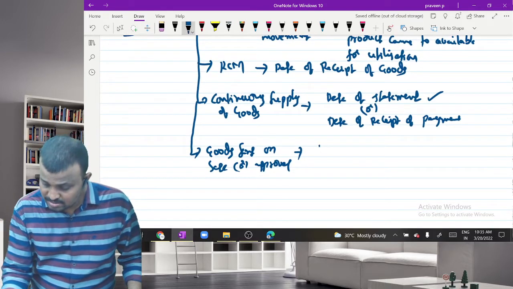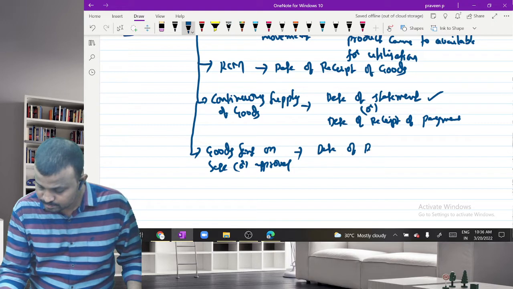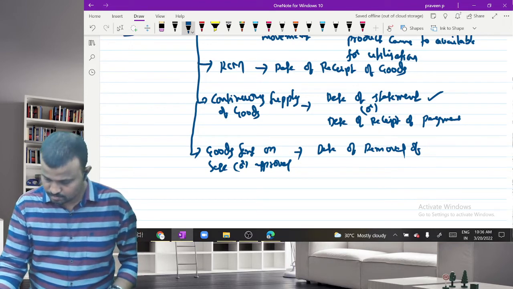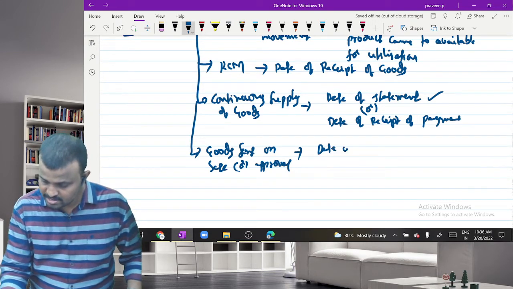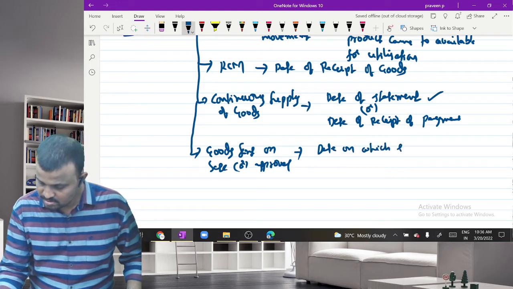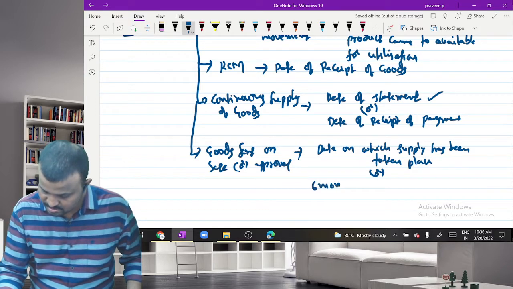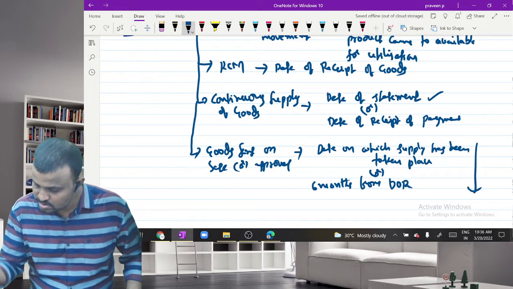It is nothing but the date on which supply has taken place, or 6 months from the date of removal of the goods, whichever is earlier.